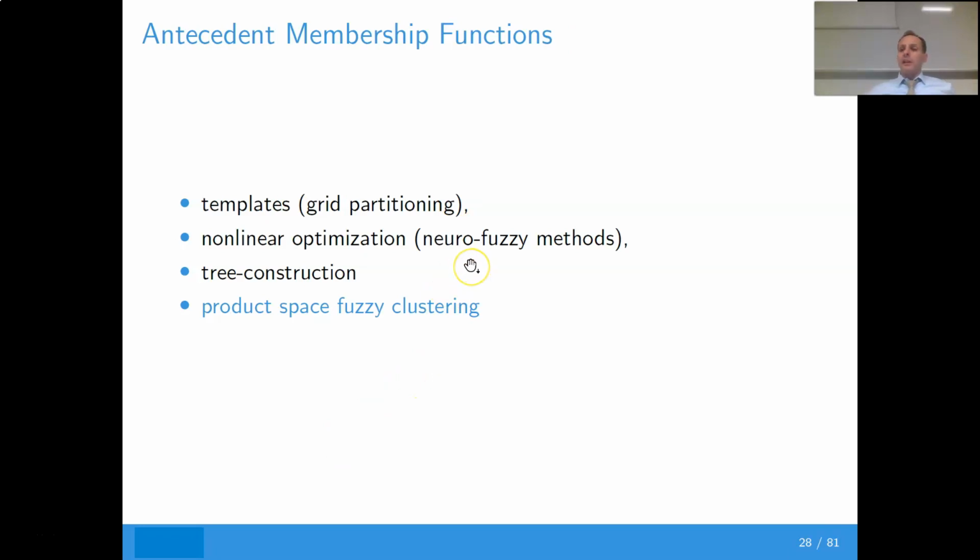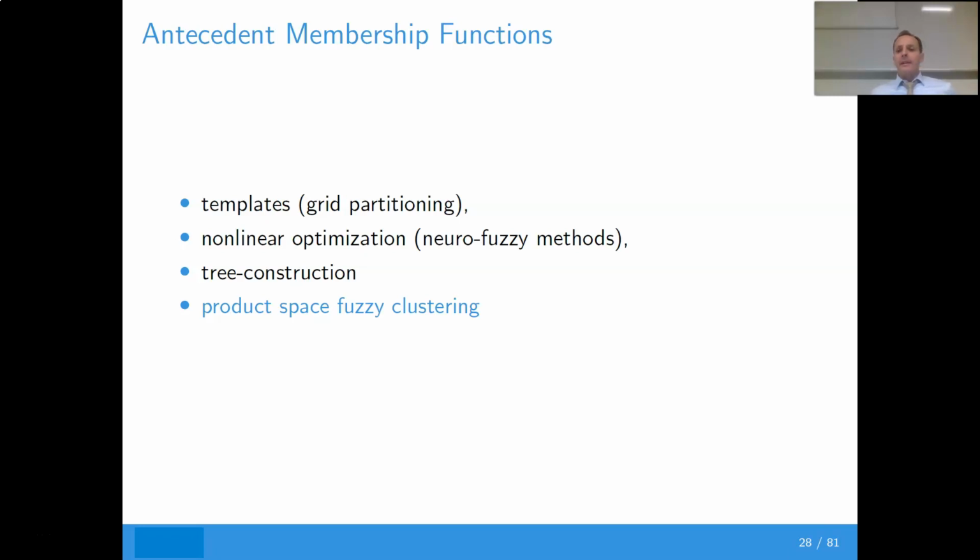As we will see in the toolbox that we will use in our practical process, there is a nonlinear optimization, which is represented by a neurofuzzy method. A tree construction is another way that allows you to estimate the membership functions.